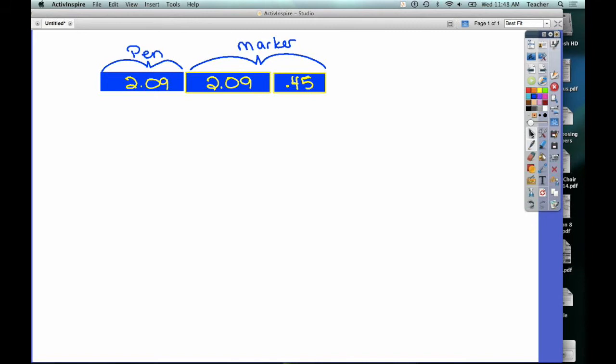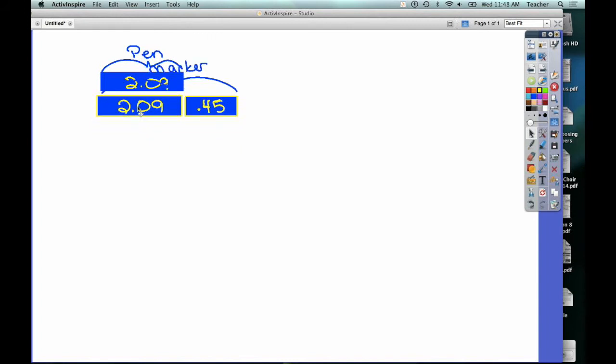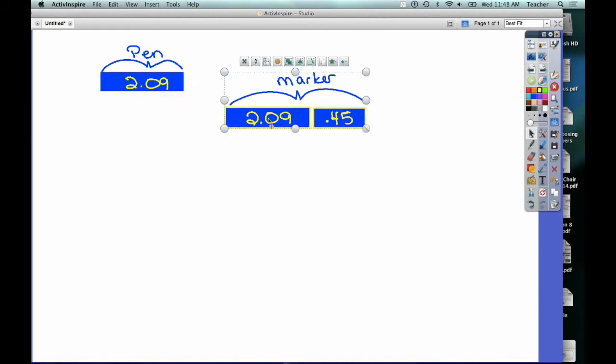If I were to take the marker, maybe just by itself, and pull it down, why is it selecting all of it?